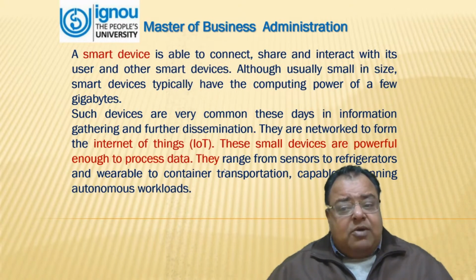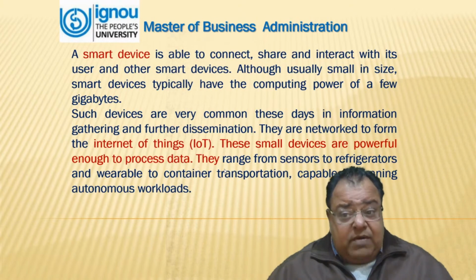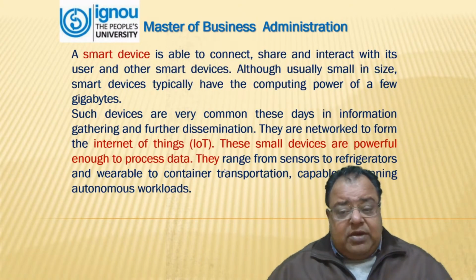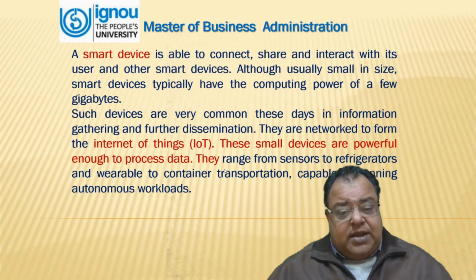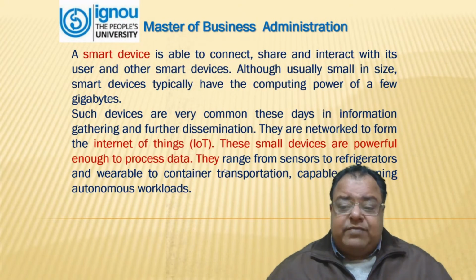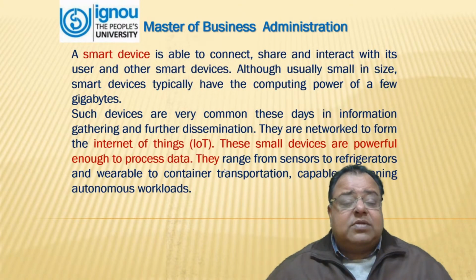Although usually small in size, smart devices typically have the computing power of a few gigabytes. Such devices are very common these days in information gathering and further distribution. They are networked to form the Internet of Things, IoT. These small devices are powerful enough to process data. They range from sensors to refrigerators and wearables to container transportation, capable of running autonomous workloads.